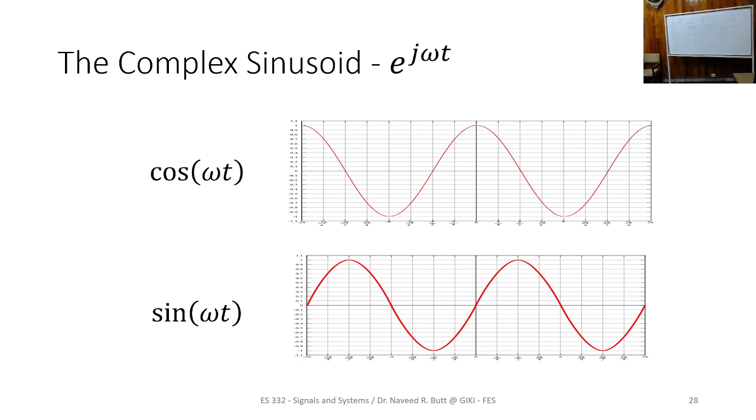So on one end there is the impulse, very critical, and on the other end there is this guy, the complex sinusoid, and its further generalized version which we call the complex exponential. Okay? So now the complex sinusoid, you already know it. By Euler's identity, what is e^(j omega t)? cos omega t plus j sin omega t.